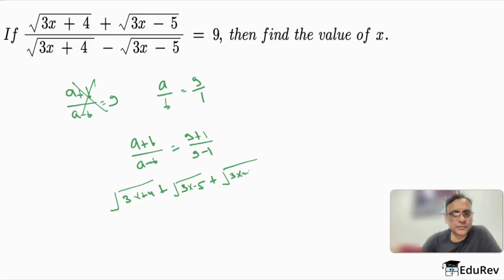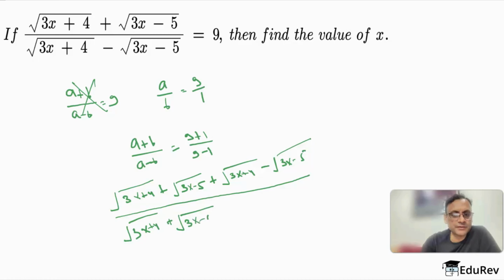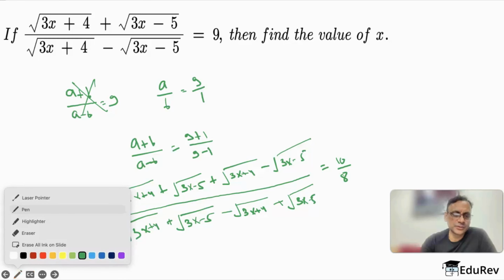Root 3x plus 4 minus root 3x minus 5 is a minus b. So minus and minus will become plus 3x minus 5 is equal to 10 upon 8. Okay, so this is what I get.